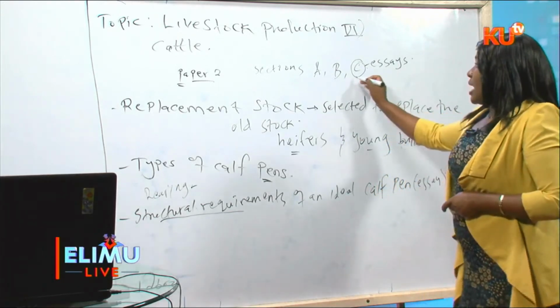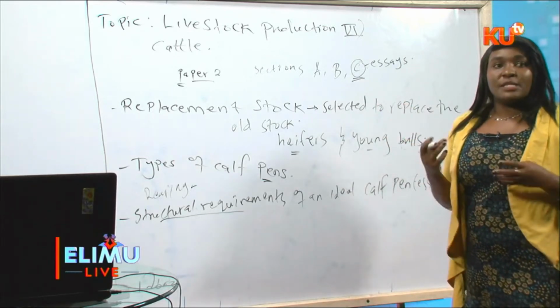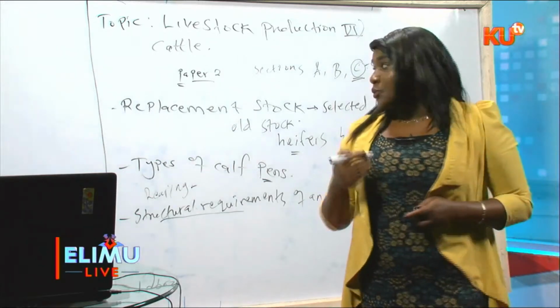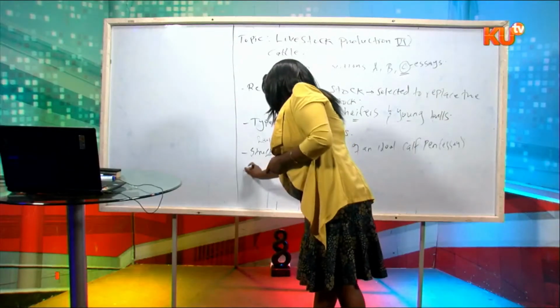So you can be sure that in this particular section, you are required to capture as many points as you can so that you are able to scoop the highest score in your exam.